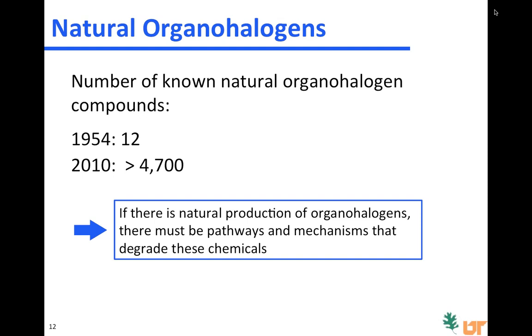But that's obviously not the case because nature has invented pathways and mechanisms to degrade these compounds. And this is the basis of bioremediation. So we're trying to understand what pathways, what mechanisms, what organisms exist that we can then benefit from by exploiting their activities in bioremediation.